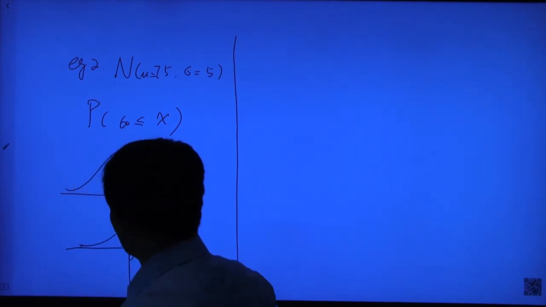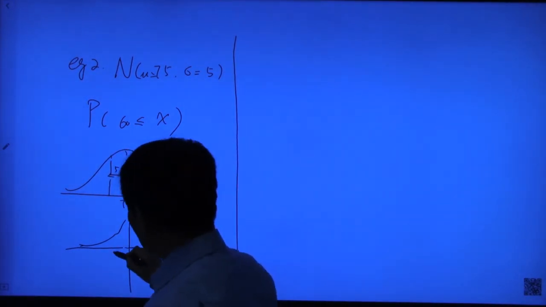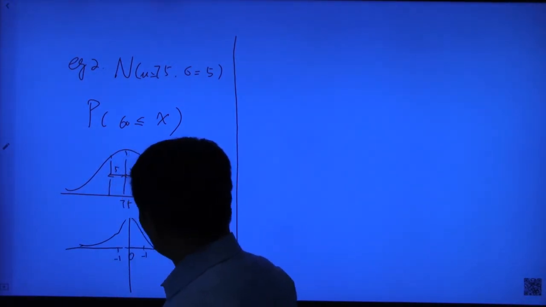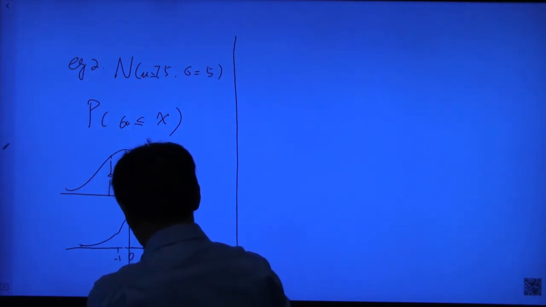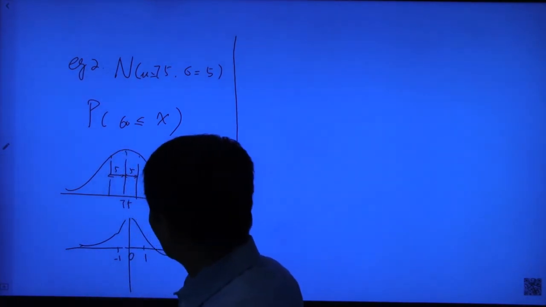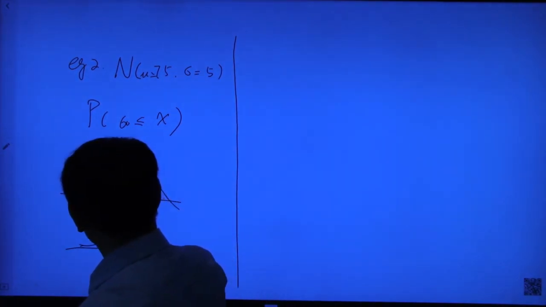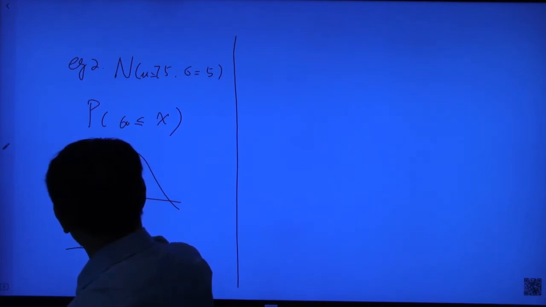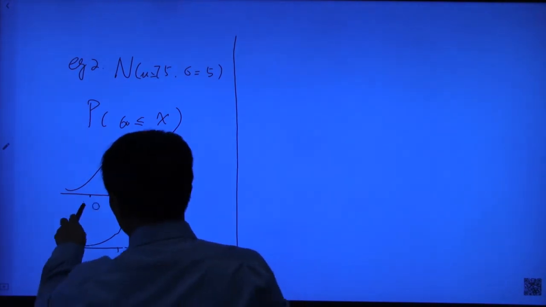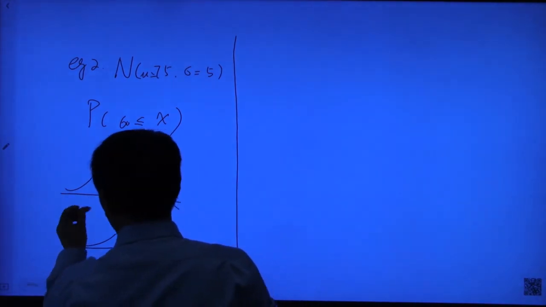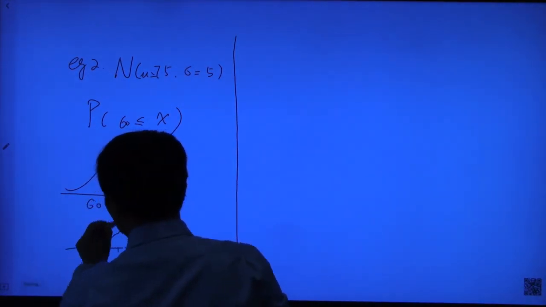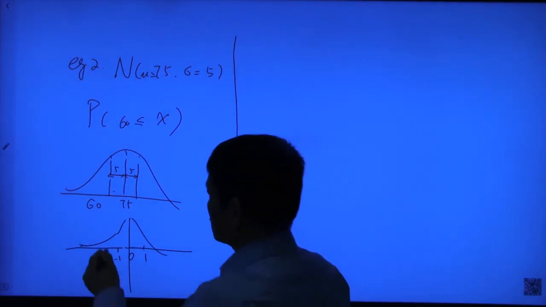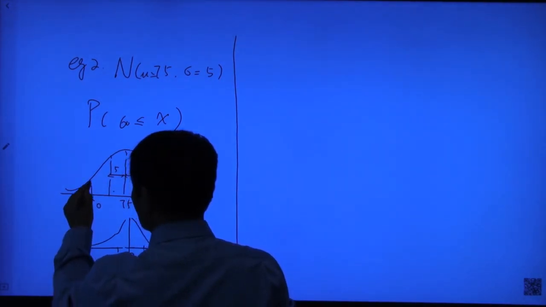So this is equal to 0, and this one equals 1, this one equals 2, and on the other side negative 1, negative 2. And 60, 75, this is 5, so 60 is around here. We want to know how many will pass the test. Pass the test means the score is higher than 60.